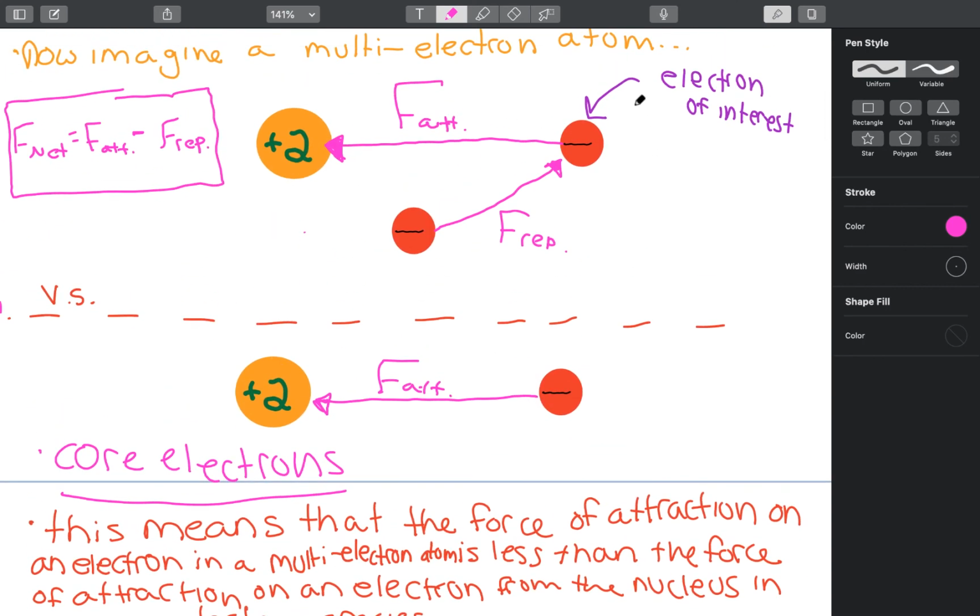So if you had even more negatively charged electrons in between our electron of interest and the positively charged nucleus, so say you had an electron here, these two would also repel the electron. So the more electrons you have in between your nucleus and your electron of interest, the less of a force of attraction you have.